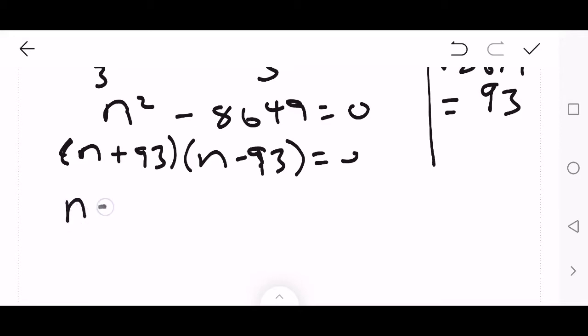Therefore n equals minus 93 or n equals 93.